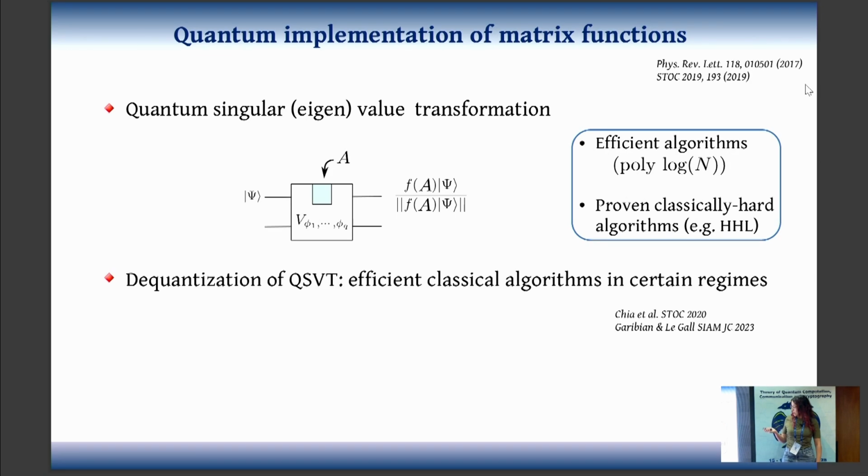But on the other hand, there were a couple of results in the direction of dequantizing QSVT. So these works prove that, given some special access to the matrix in a classical computer, you can actually provide efficient classical algorithms for the same tasks as QSVT.